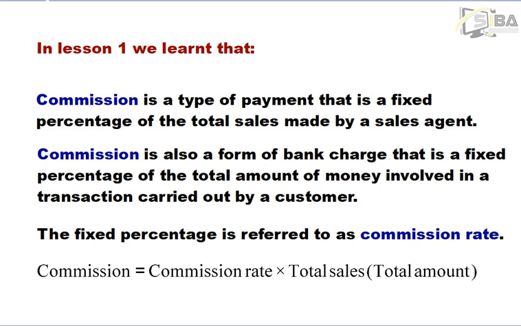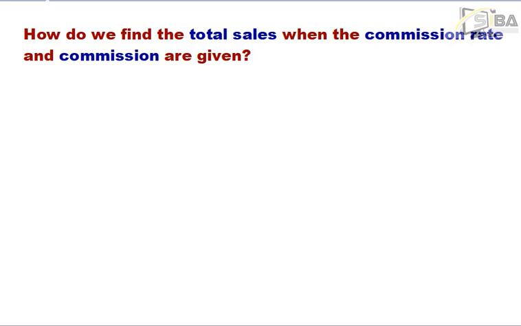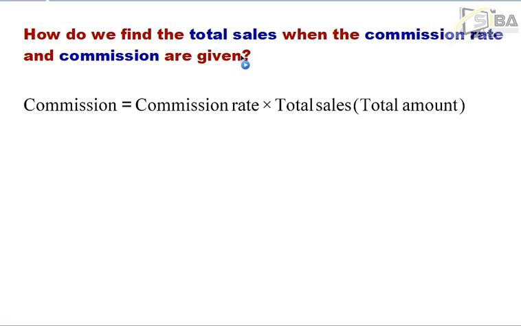Now let's look at how we can find the total sales when we have the commission and the commission rate. We just revised in our previous slide that commission is given by multiplying the commission rate by the total sales. Now we are looking at the case where we have the values of the commission rate and the commission, and we have to find the total sales.